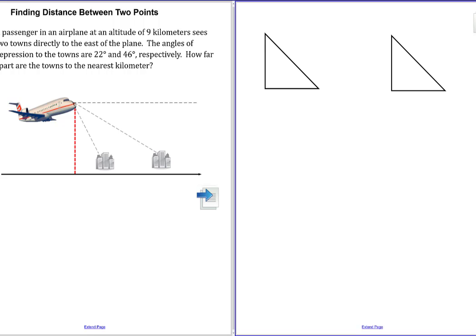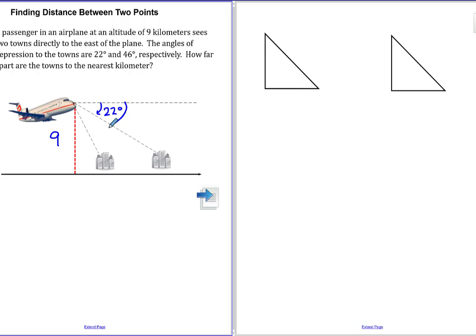Okay, let's look at this next example. I've got a dual screen here. So a passenger in an airplane is flying at an altitude of 9 kilometers, and they see 2 towns directly to the east of the airplane. So this height here is 9. The angles of depression to the towns are 22 degrees, so that would be this angle, 22 degrees, and 46 degrees respectively.